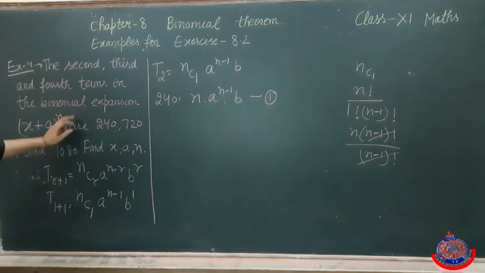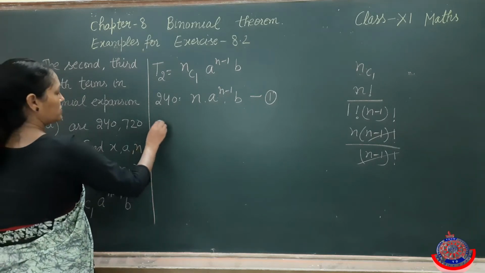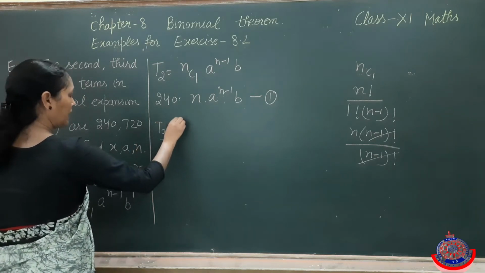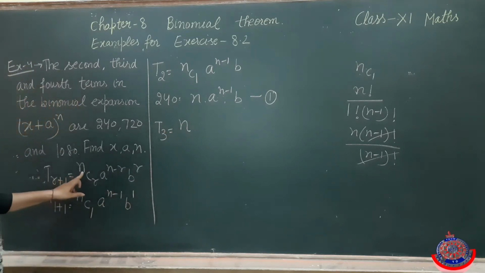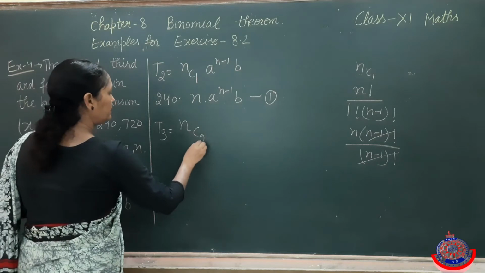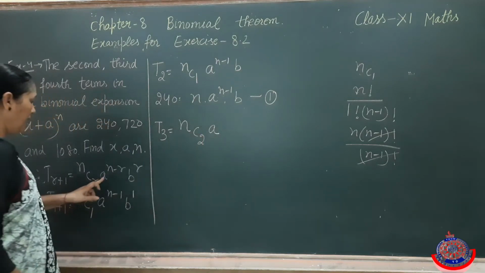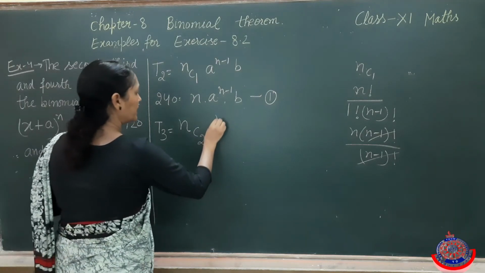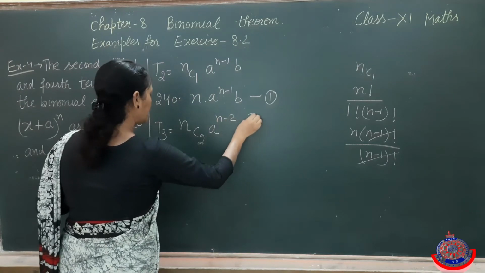Same way, the third term means in place of r we have to take 2. So t3 is nC2 a^(n-2) b^2.